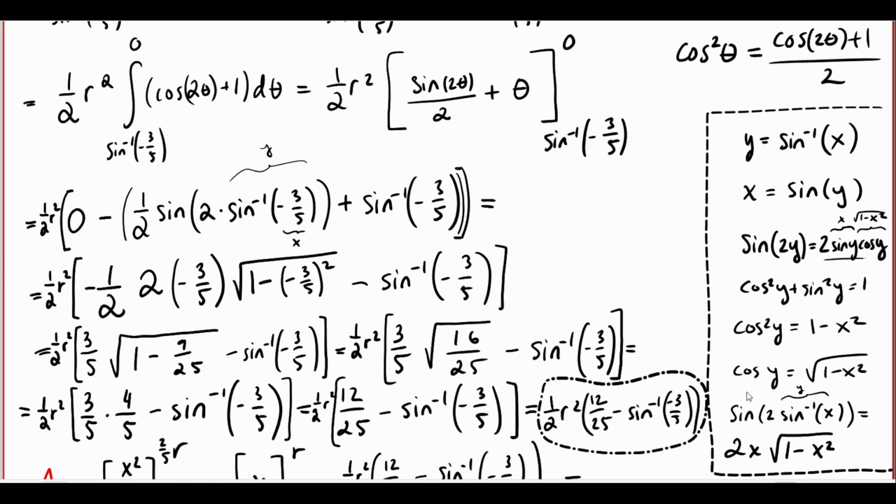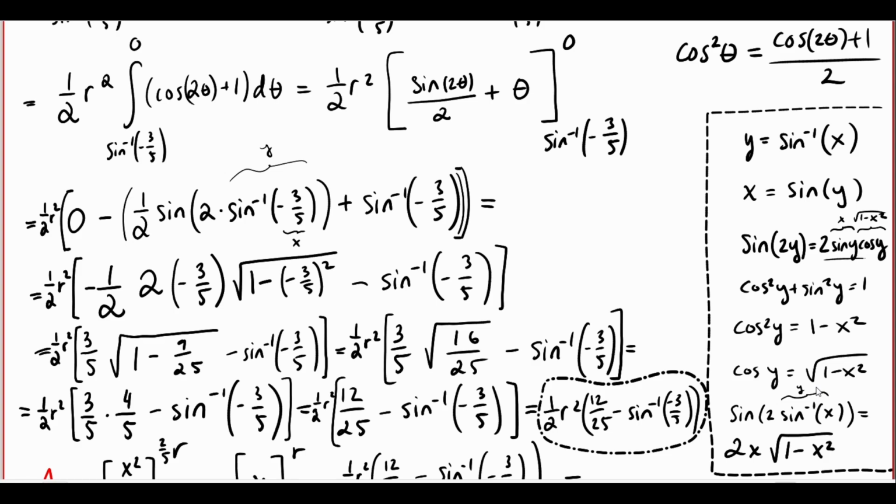So this 2 is this 2, and sine y here is actually x. And then we have the cosine of y, which is the square root of 1 minus x squared. So the whole thing becomes 2x square root of 1 minus x squared.